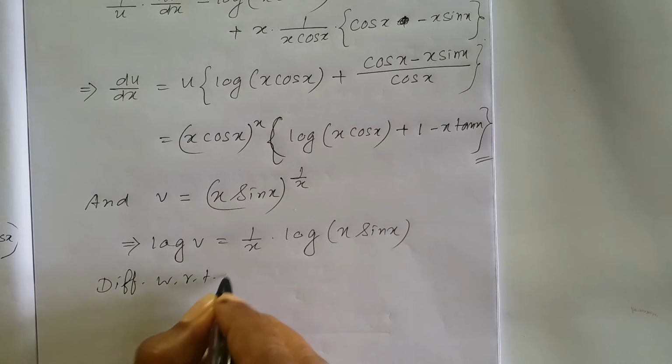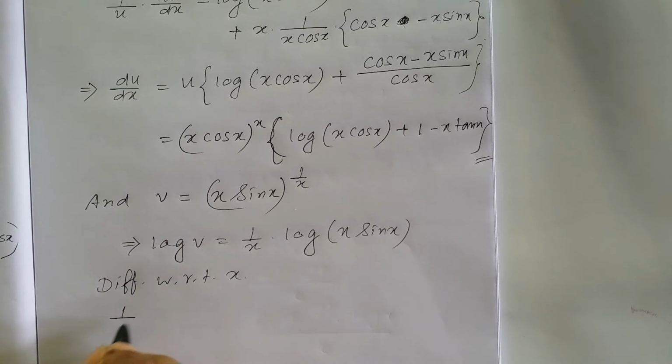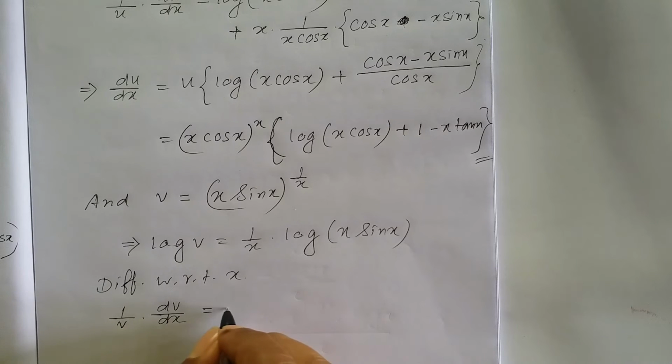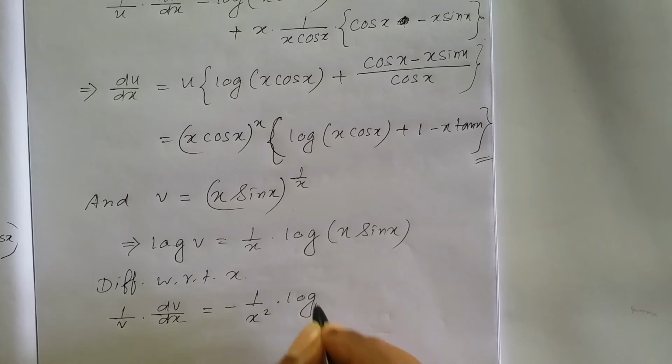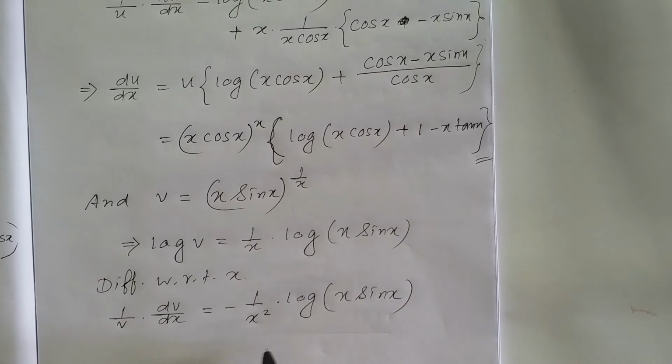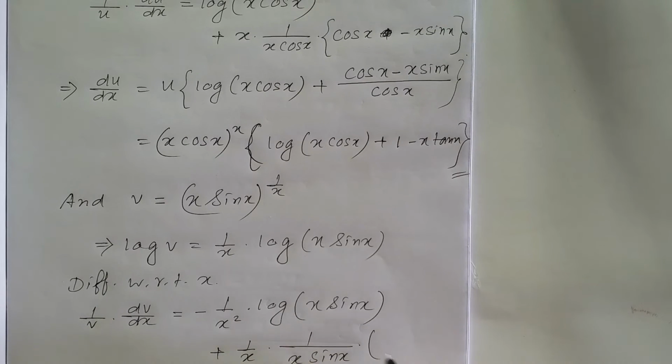Then differentiating with respect to x, the left hand side will be 1 by v into dv dx, which is equal to the right side: the derivative of 1 by x is minus 1 by x square, then into log of x sin x remaining same, then plus 1 by x remaining same into the derivative of log, which is 1 by x sin x, into then the derivative of x sin x, which is simply sin x plus x cos x.